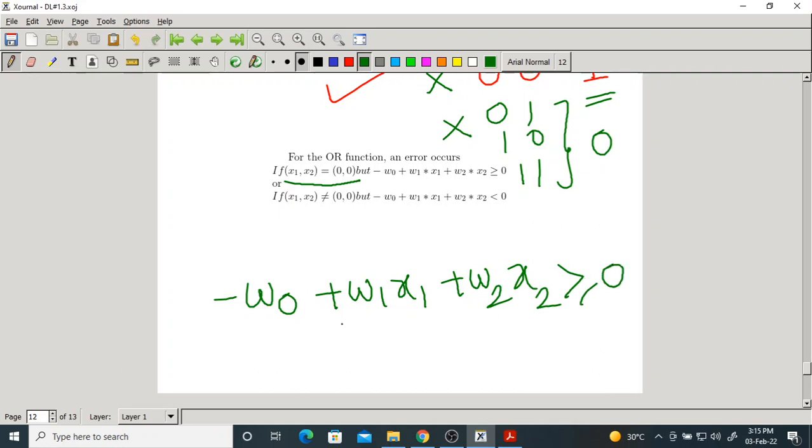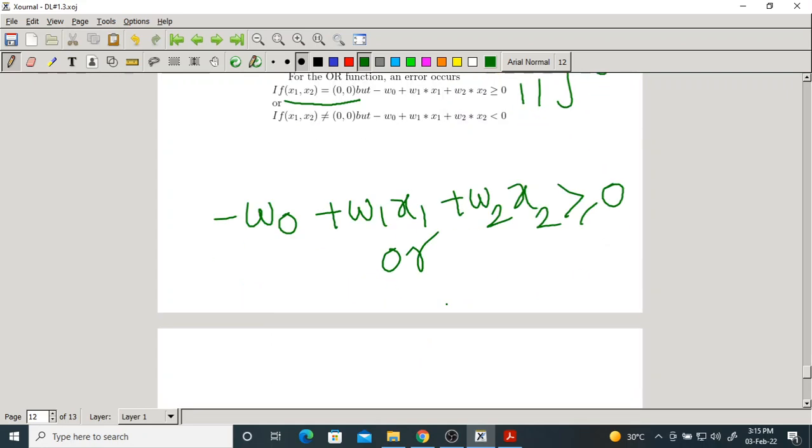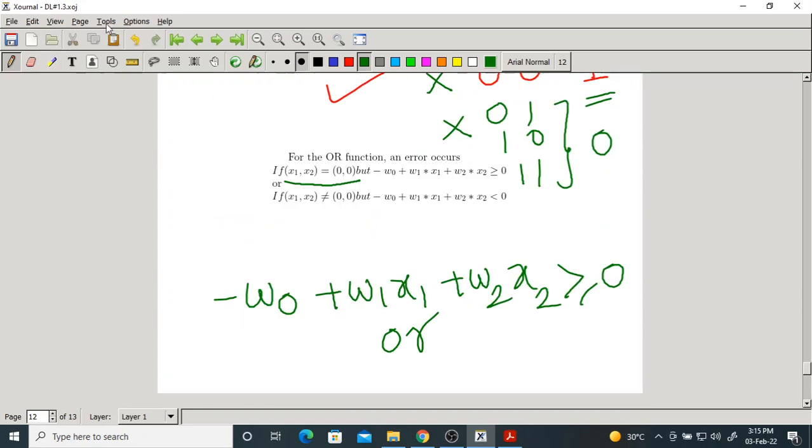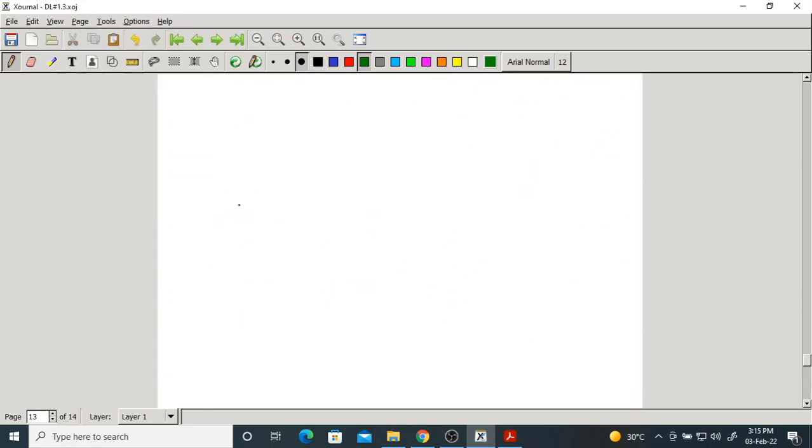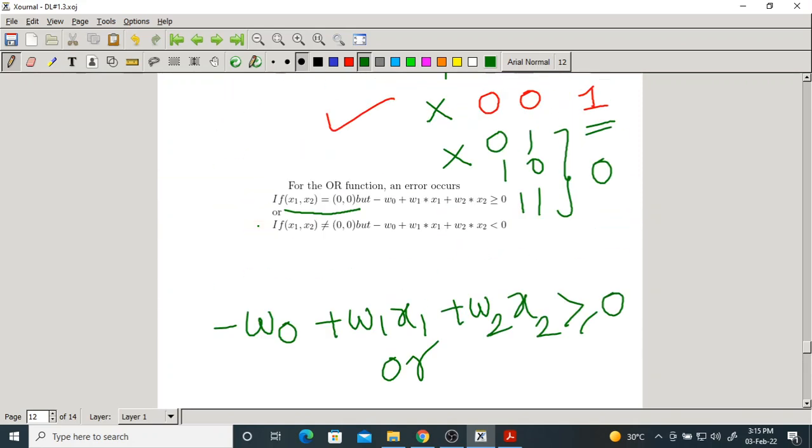This is the condition for getting output 1. If x1, x2 equal to 0, 0, but this is true, then you get errors. Or another possibility: x1, x2 not equal to 0, 0.